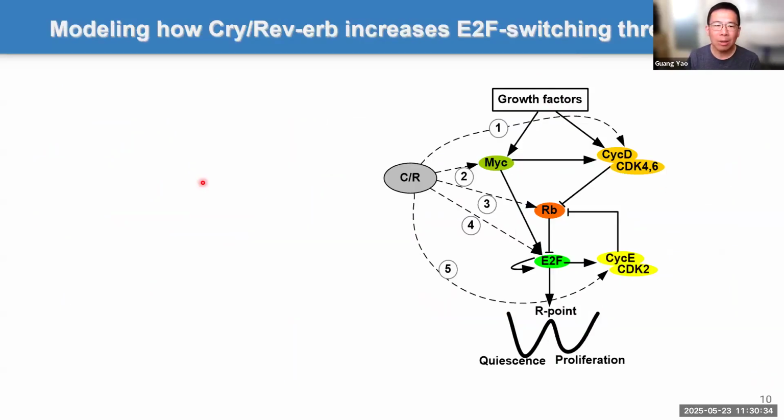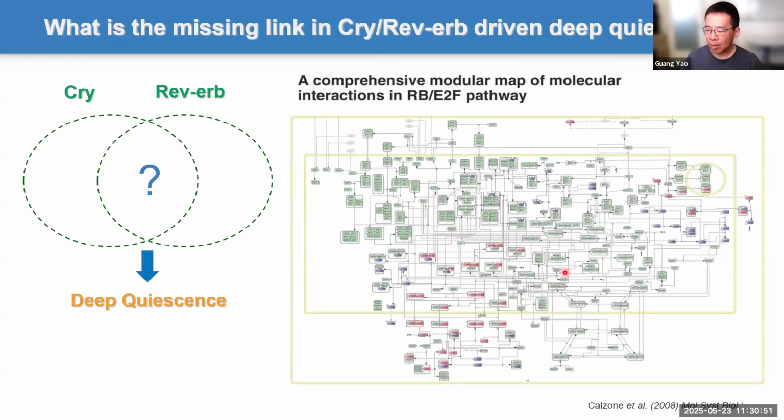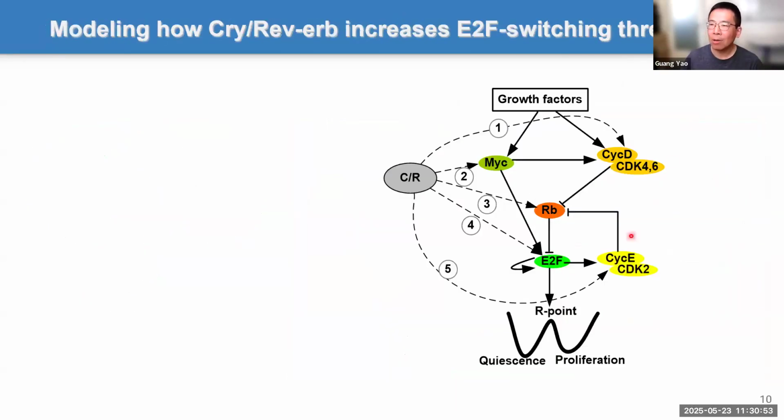So we think maybe we can use computer modeling to help us find the most likely candidate for driving deeper quiescence. Our way of searching for this missing link is as follows. We simplified this real network into our earlier 5-module network: RB represses E2F, which turns on cyclin E, which represses RB, a positive feedback.